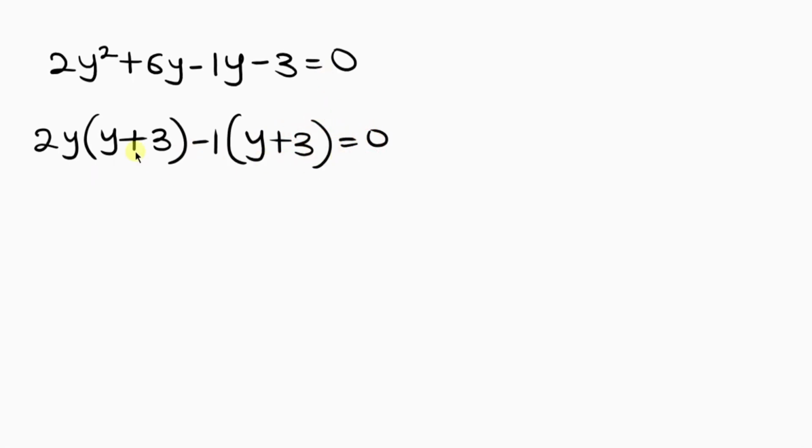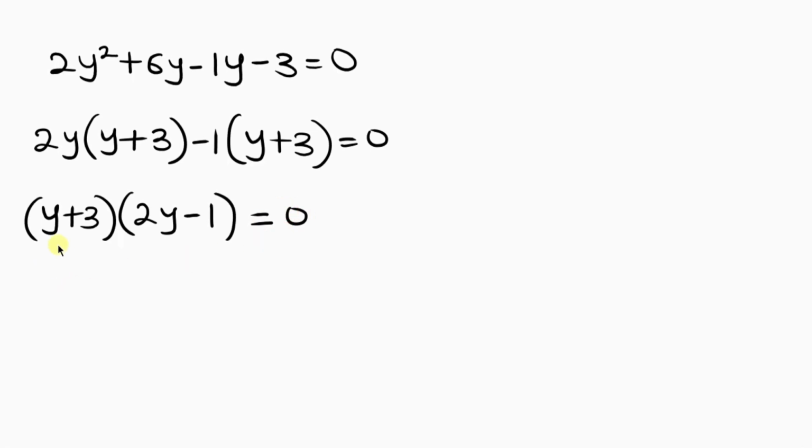As we see here, y plus 3 is common, so we can factor out y plus 3 and then open bracket. 2y times y plus 3 divided by y plus 3 gives 2y, and then minus 1 times y plus 3 divided by y plus 3 gives 1. And this is equal to 0.